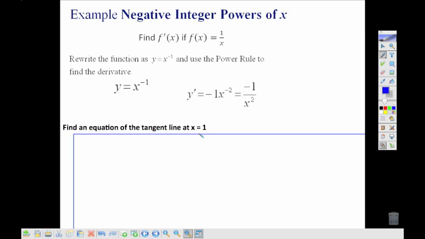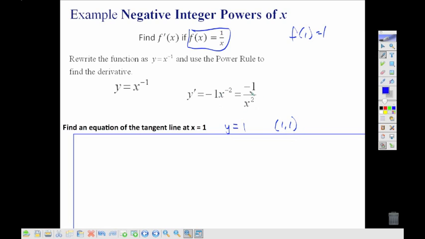Now if we're asked to find the equation of the tangent line to that, we can follow the same example we did before. We first need to know the y value at x equals 1, so we come back up to our original function, we find f of 1, which gives us 1. So we know we're dealing with the point (1, 1).